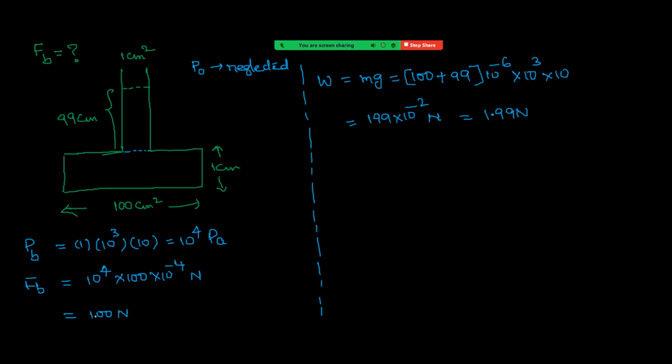And if you see carefully, the force by the liquid on the bottom of the vessel, how much? 100 Newton. But its weight is only 1.99 Newton. Now see carefully, the free body diagram for the liquid. We know that the liquid takes the shape of the vessel. So here see what I am doing.